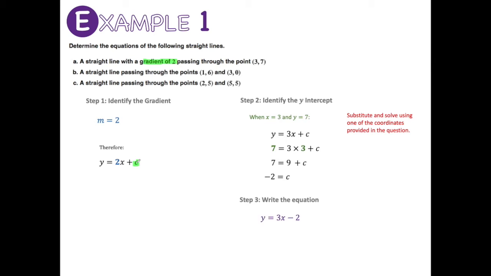So my equation is going to be y equals 2x plus 1. And I've substituted in my gradient of 2 and my y-intercept of 1. So for A, my equation for my linear line was y equals 2x plus 1.